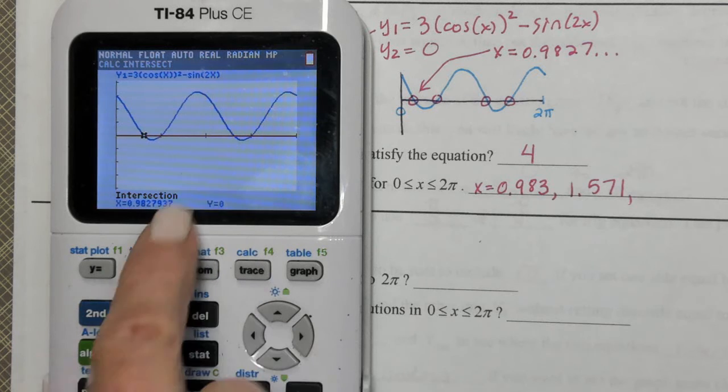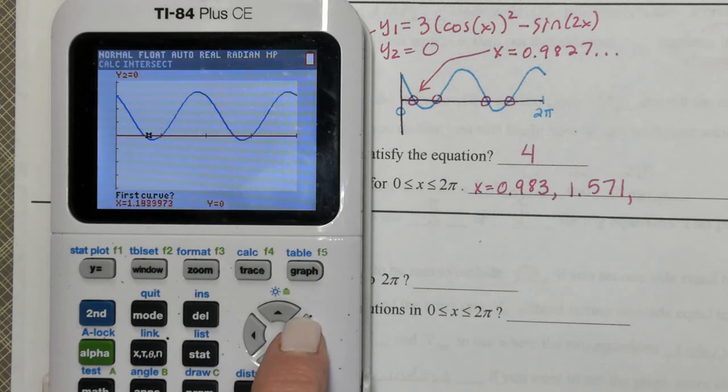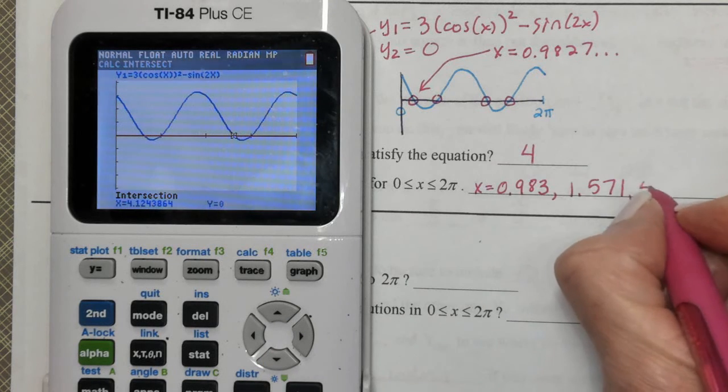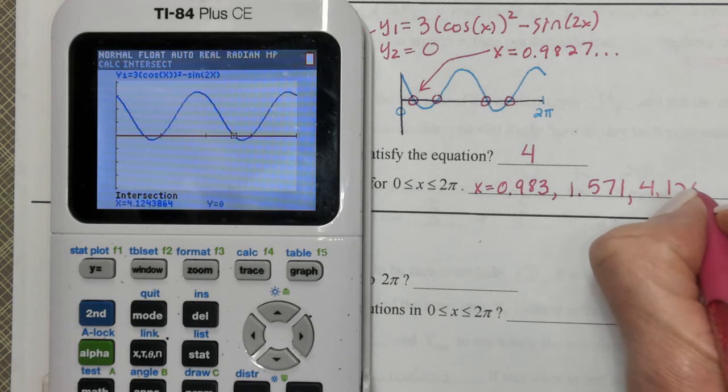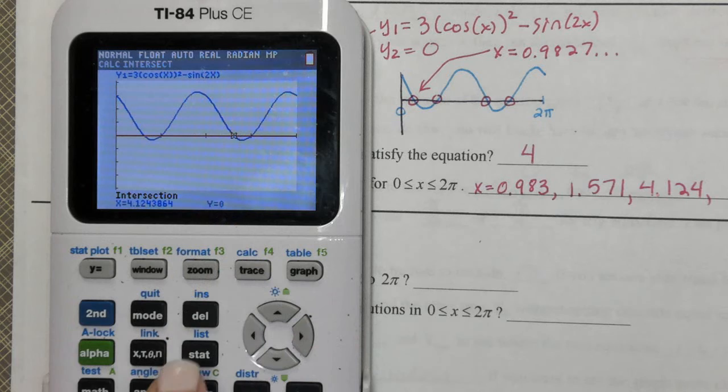Okay, now I'm going to come find this intersection. So I jumped down there to the y equals 0 curve just to get there a little faster. And I get 4.124. Last one, we're going to go and get that intersection point.